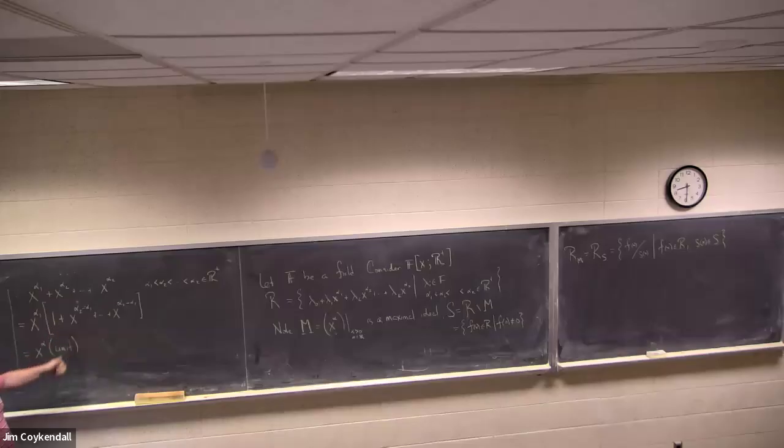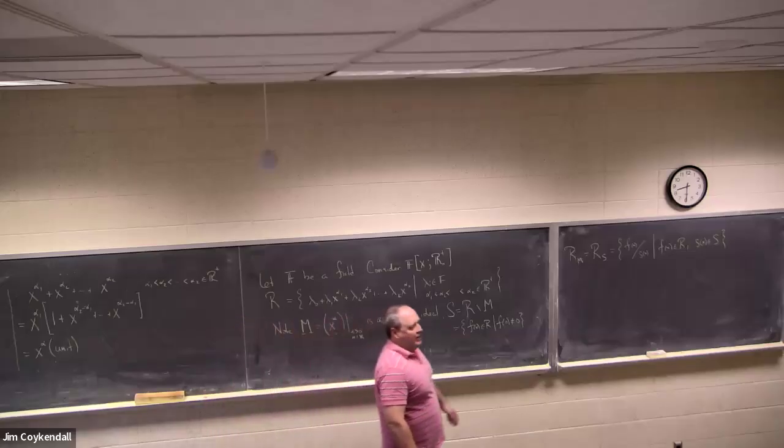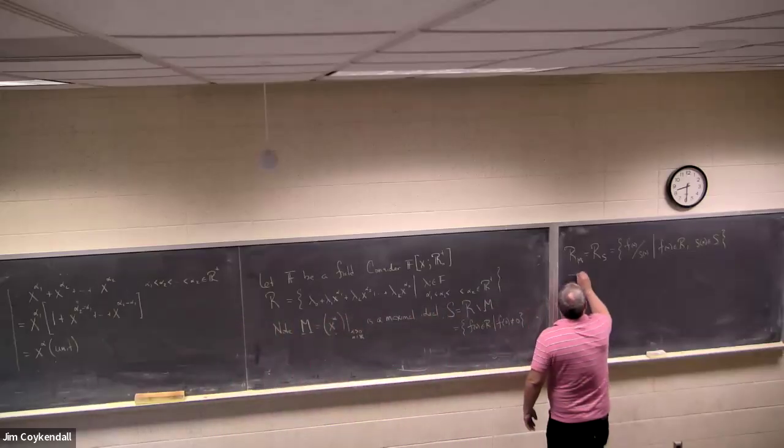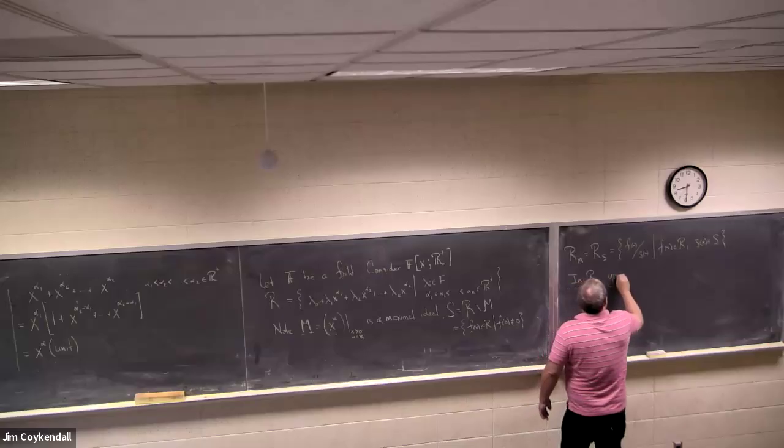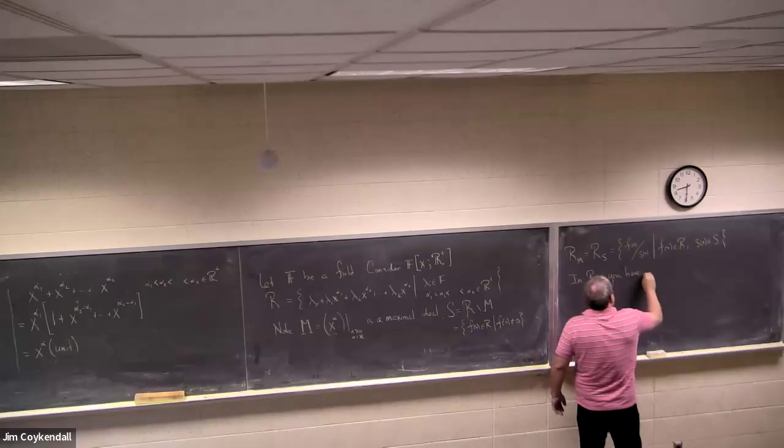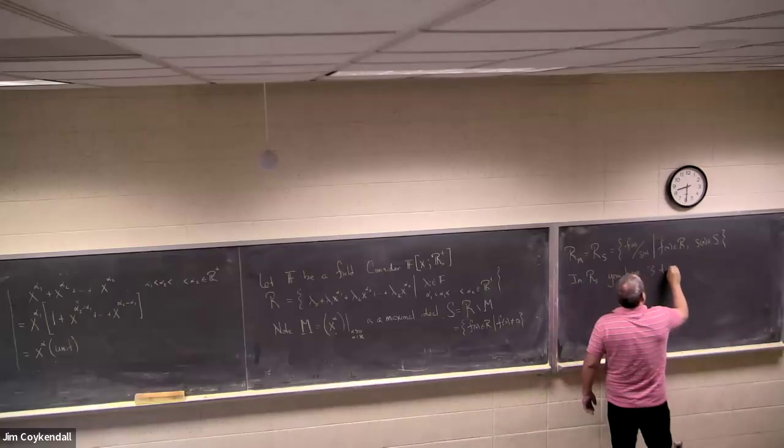Everybody agree with that? So basically, in R localized at S, you have three types of elements.